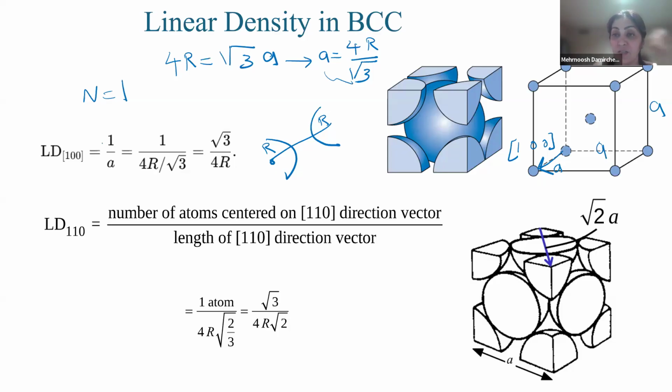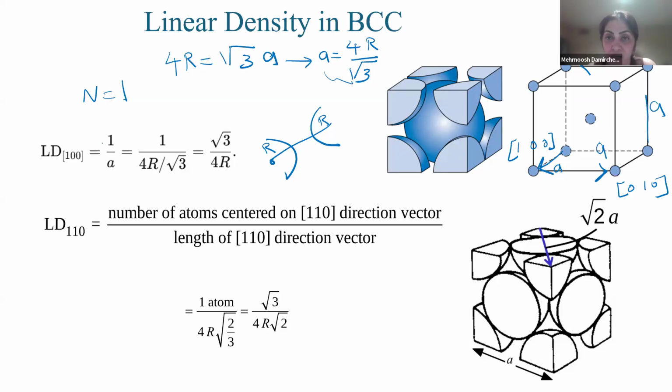Only for that direction? No, for all directions belonging to this family. Now I show you some of these directions. One of these directions, belonging to this family again, is 0, 1, 0. Or for example, this direction is 0, minus 1, 0.